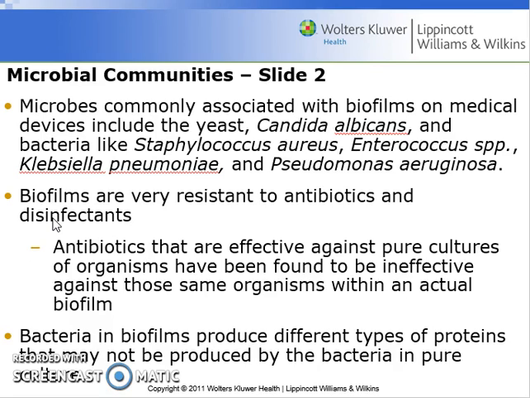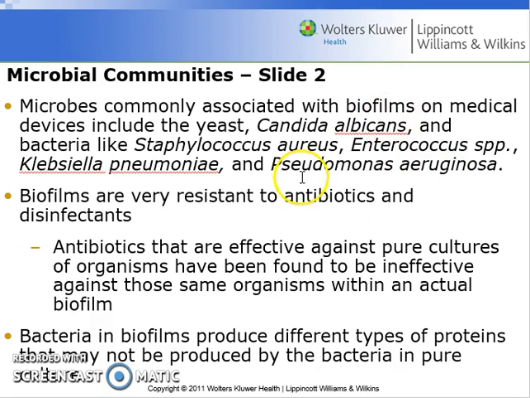So some examples of organisms that help make up biofilms or are associated with them include not just bacteria, but also some fungi, primarily yeast, which we know is a part of our normal flora, so Candida albicans.